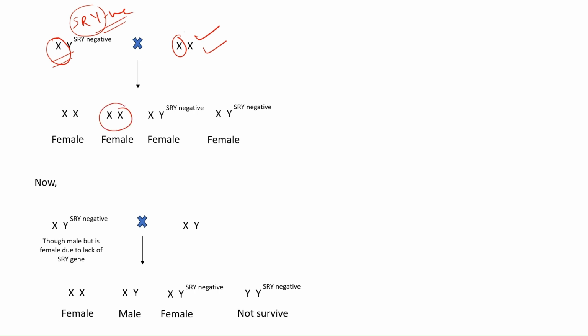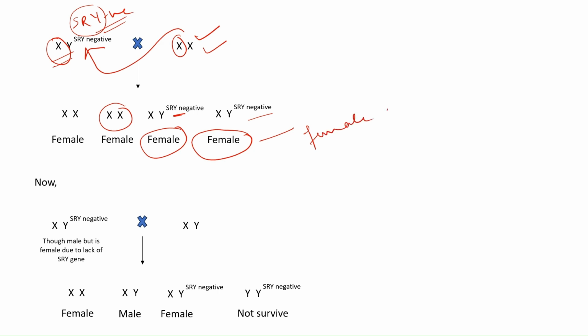Then this X with this Y, that means XY with SRY negative. Though it is a male, it will behave as a female. Again, the same XY SRY negative. This is also a male, but it will be a female, because to develop a male as a male we need the SRY gene. So in the absence of the SRY gene, this male is now female.